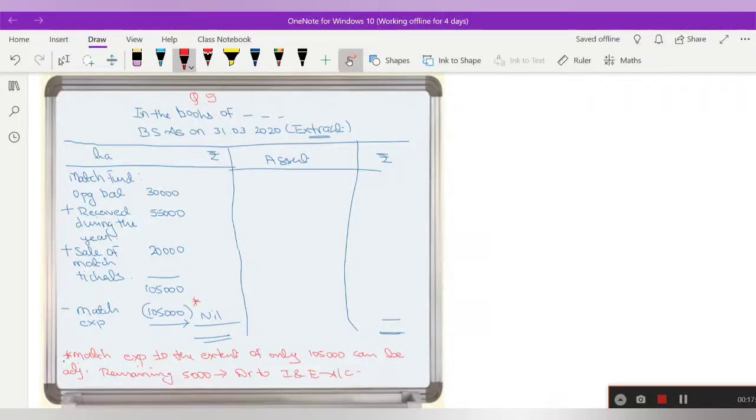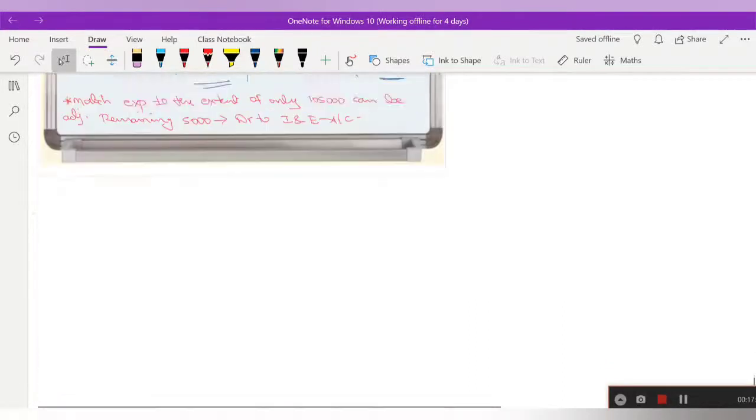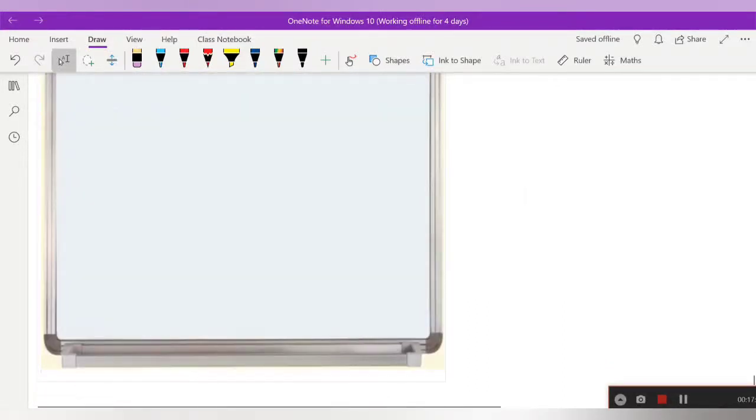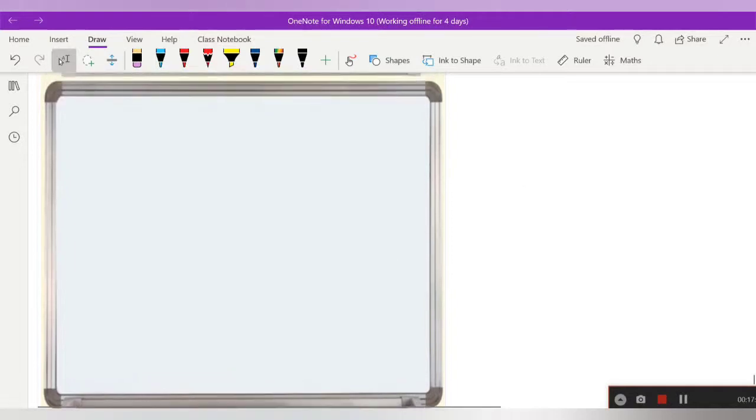So let us move ahead and see the next question, illustration number 6. We will write the question number on the top of the page. Question number 6. I will read it once.